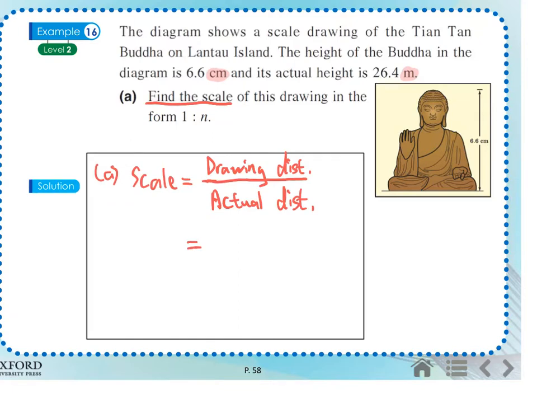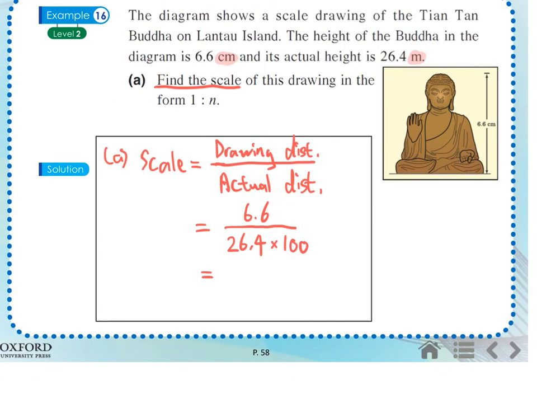So what we have is 6.6 over 26.4, and the units are different, cm and m. So the m has to be multiplied by 100. And you can use the calculator to calculate. So the answer would be 1 over 400 here.